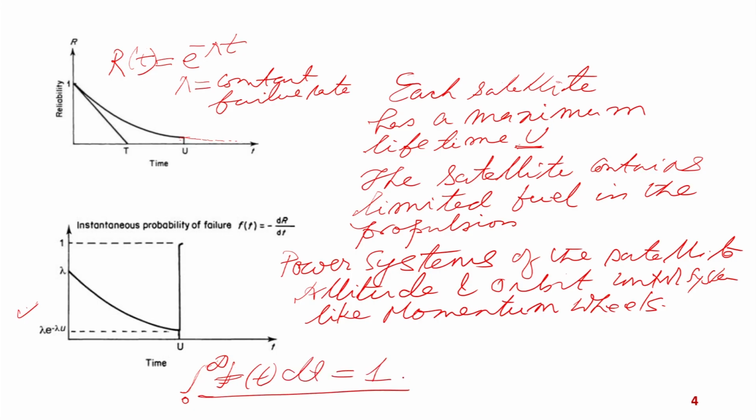So, we will try to find the modified probability density function, satisfying the basic axiom of probability theory that the total probability should be equal to 1. We will just see how we can do that.